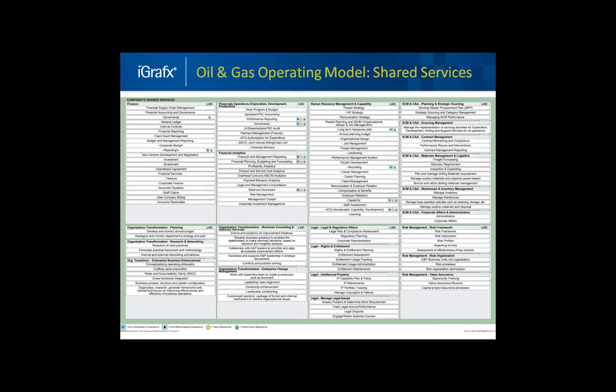The reasons we're looking into this one, and this is already looking at aspects of legal, risk management, distribution, supply chain management, human resources, financial operations, as well as financial analytics and finance. In this case, they have split these two because they had both of them running locally.